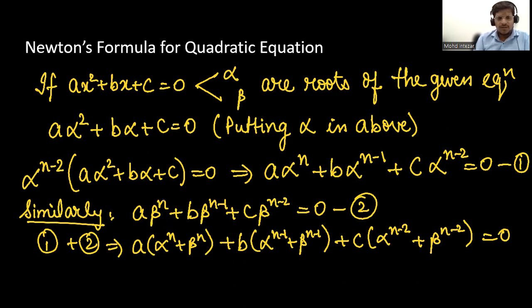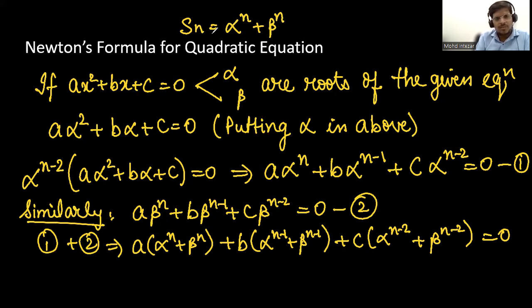Now, if we say alpha to the power n plus beta to the power n is some Sn, suppose Sn equals alpha to the power n plus beta to the power n. If there is n, power will be n. If it is n minus 1, power will be n minus 1.